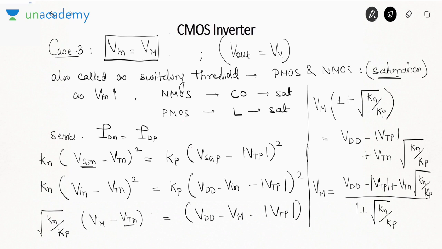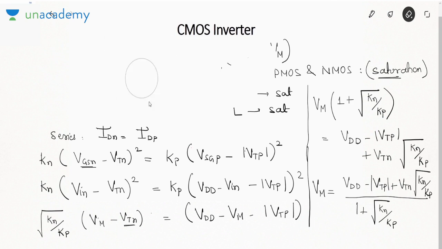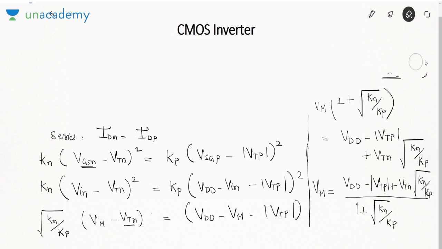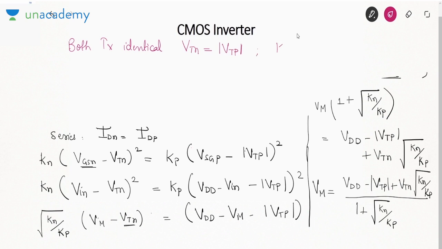Now see one thing. I told you the midpoint voltage is VDD by 2 if both transistors are identical. Let me show you how that is true. If both transistors are identical, the threshold voltage of NMOS is the same as the threshold voltage of PMOS, and Kn is equal to Kp.